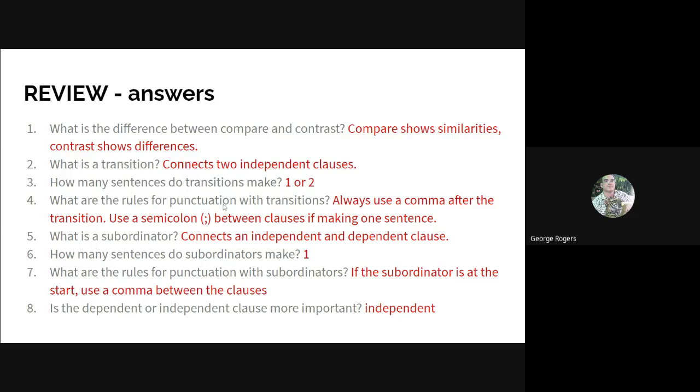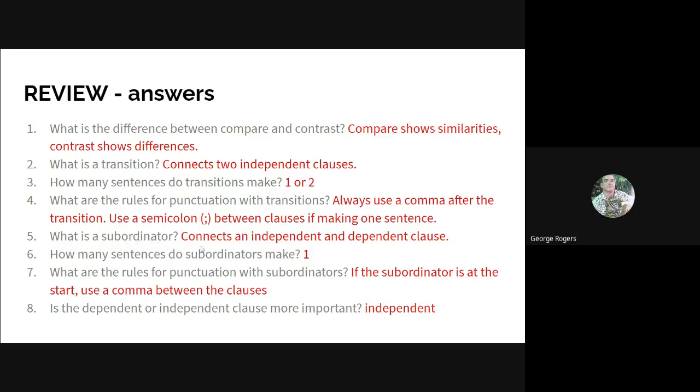What are the rules for punctuation with transitions? You always use a comma after a transition. Again, however, likewise, you always have a comma after it. If you're only making 1 sentence, you have to have a semicolon. So if you have 1 sentence and it has a semicolon, it's a transition. If you have 1 sentence and there's no semicolon, it's a subordinator.